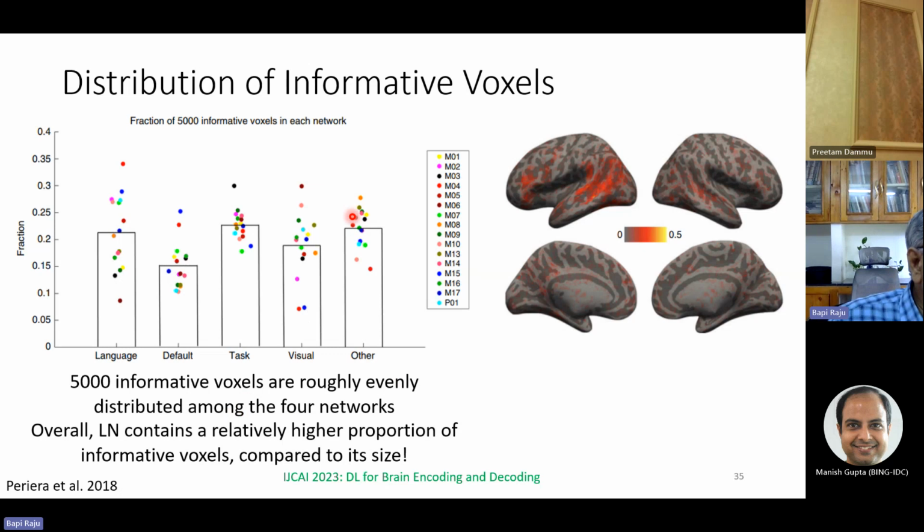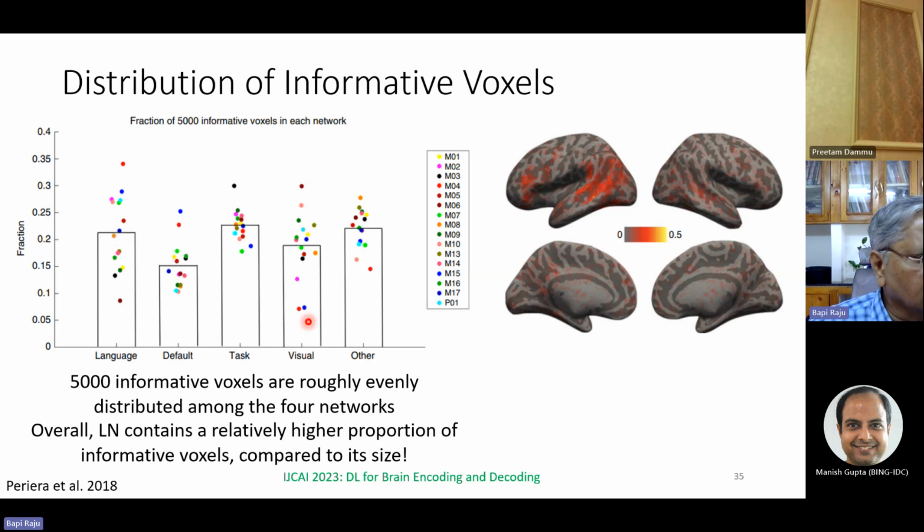These 5,000 informative voxels are roughly distributed among the 4 networks which are relevant for a linguistic task. And overall, the language network seems to possess a higher proportion of voxels.